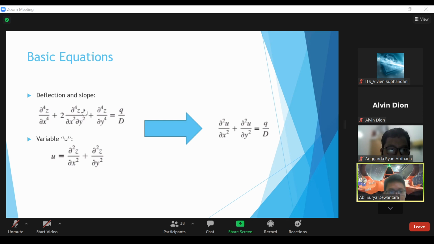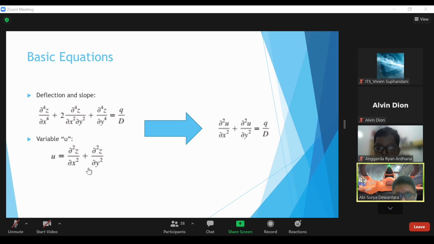We have this fourth order PDE of Z, X, and Y equal to Q per D. Now, we can't solve the equation as it is, so we must assume U as d squared Z per dx squared plus d squared Z per dy squared.